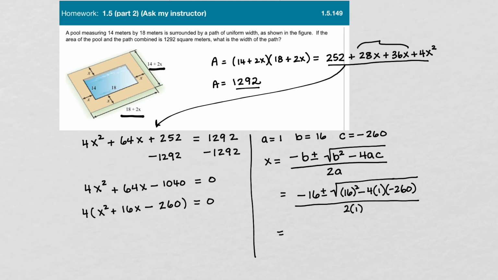I'm going to put this into my calculator, and I get negative 16 plus or minus the square root of 1,296, all over 2.